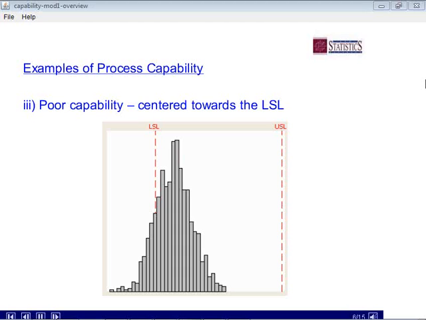So you can see the danger of having a distribution that is centered, let's say, on a particular side away from the center, with this kind of bell-shaped curve that we're seeing here. It incurs a higher proportion of values that are going to be falling, in this case, below the specification limit. That's poor capability.